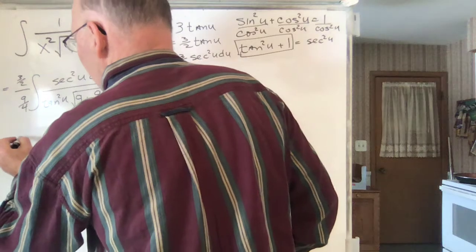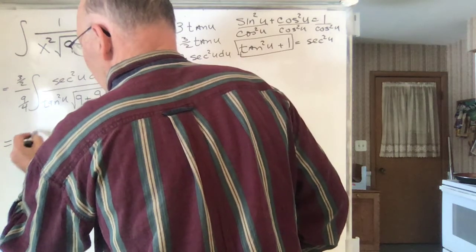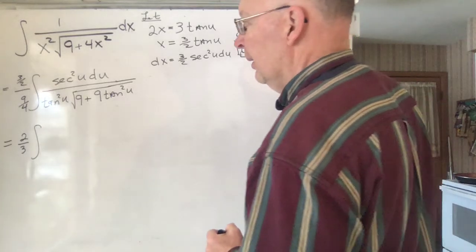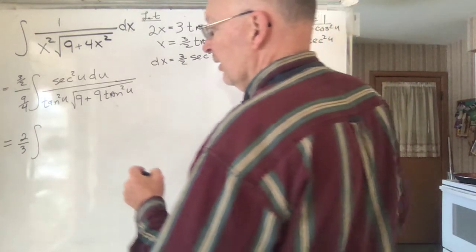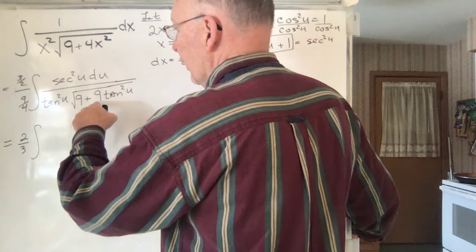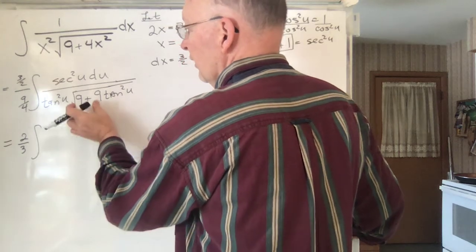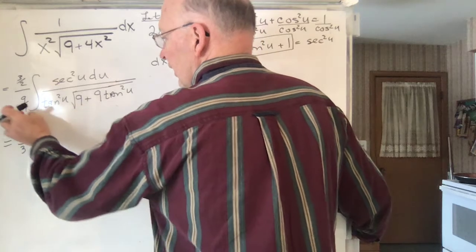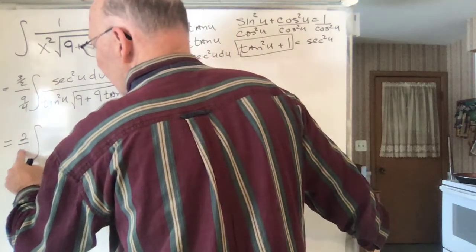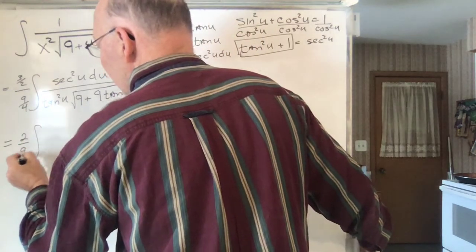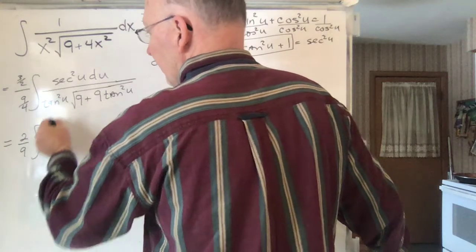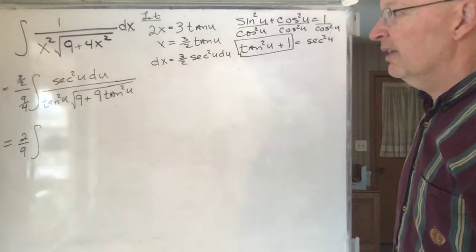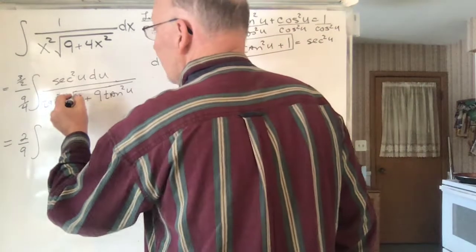Now, I can also bring the 9 out of here. When the 9 factors out, it comes out as a 3. It can come all the way out, and I'm going to end up with a 9 right there. Because I brought this 9 out, it comes out as a 3, and I multiply it by that 3, and I'm going to get a 9. That takes care of that. So now these things become just 1.